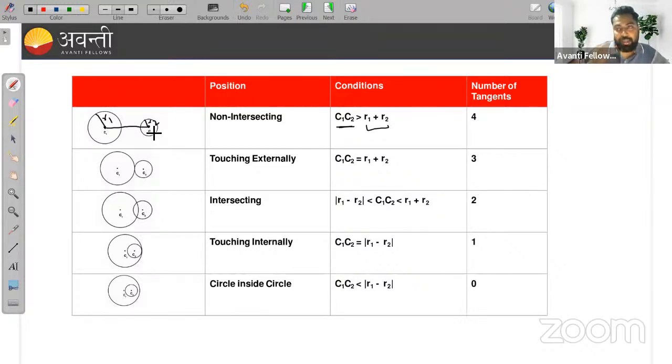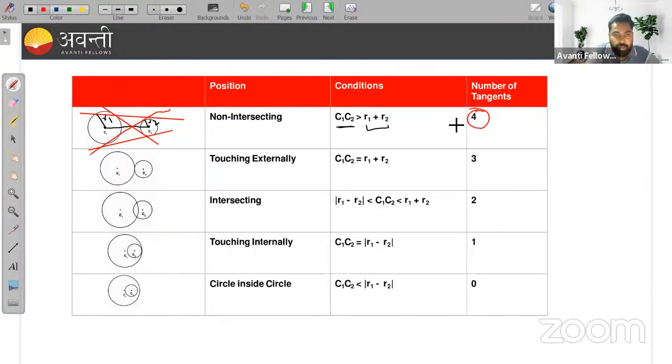Then the length of C1C2 will be greater than R1 plus R2. So how many tangents can we draw in this case? We can draw 4 tangents. How? Let's see. This is one tangent, this is the second tangent, this is my third tangent, and this is my fourth tangent. So when the two circles are non-intersecting, we get 4 common tangents.